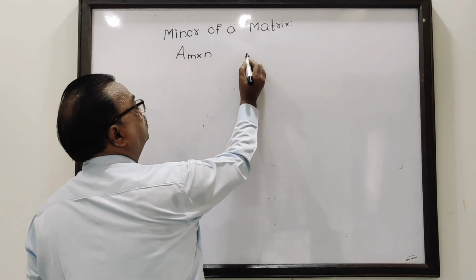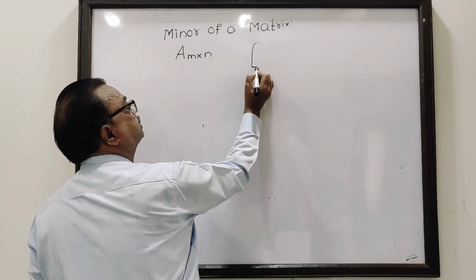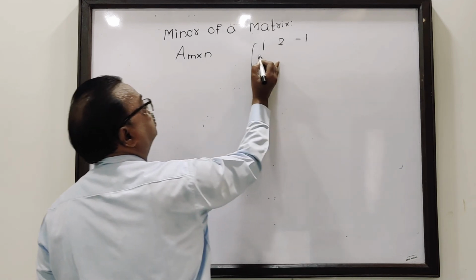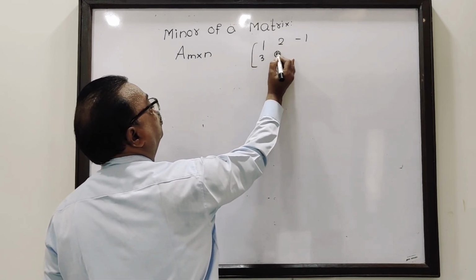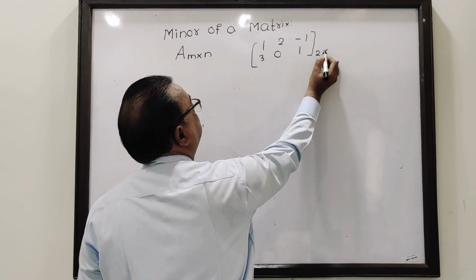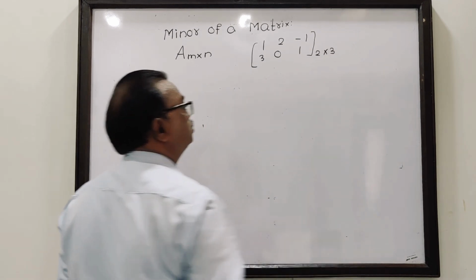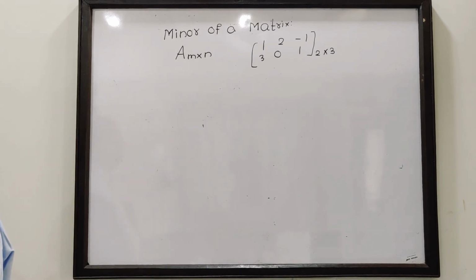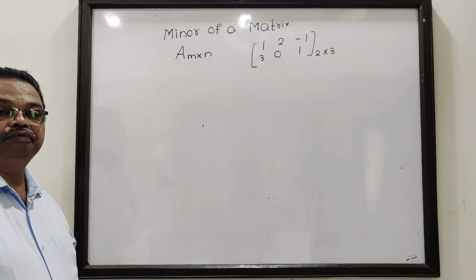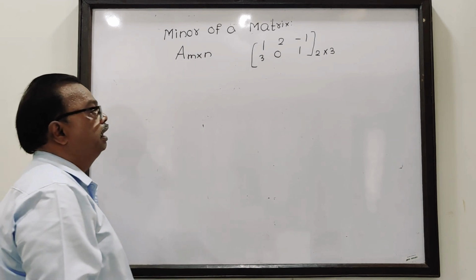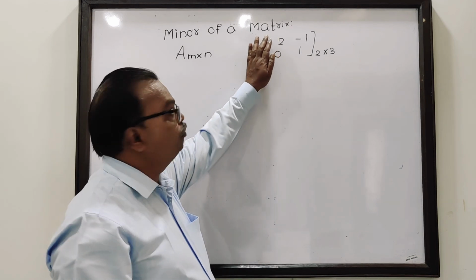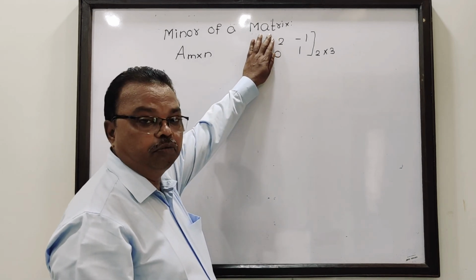For example, suppose I take this matrix: 1, 2, minus 1, 3, 0, 1. This is a rectangular matrix of order 2 by 3. How many subsquare matrices are there? Listen, leaving out one column, you get a square matrix of order 2 by 2.